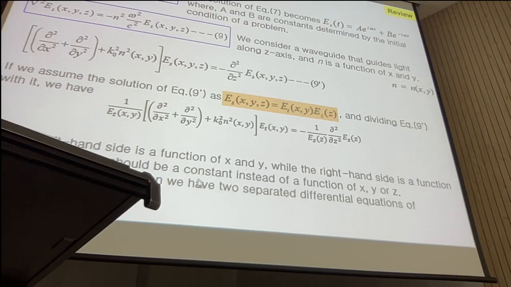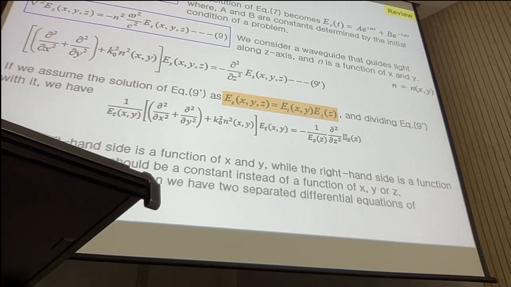We can take any constant, but to make a physical meaning, we assume this is equal to k effective square. k effective square has a physical meaning, and I'll explain this later.